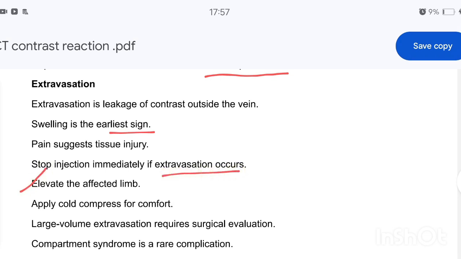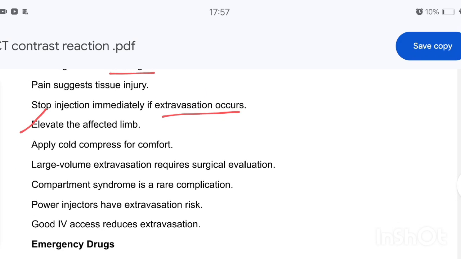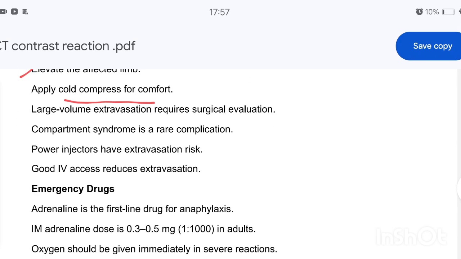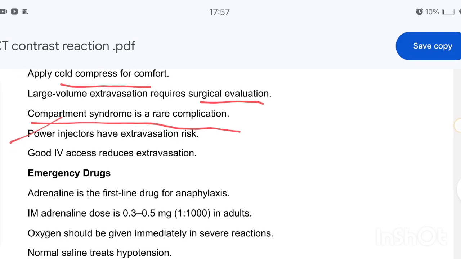Elevate the affected limb. Apply cold compress for comfort. Large volume extravasation requires surgical evaluation. Compartment syndrome is a rare complication. Power injectors carry extravasation risk. Good IV access reduces extravasation.